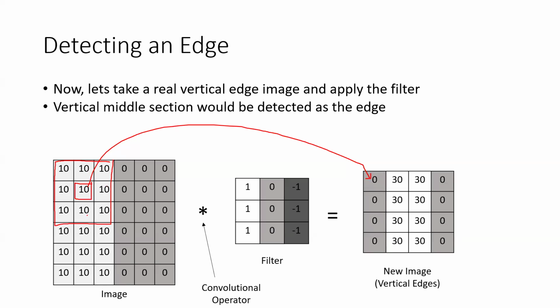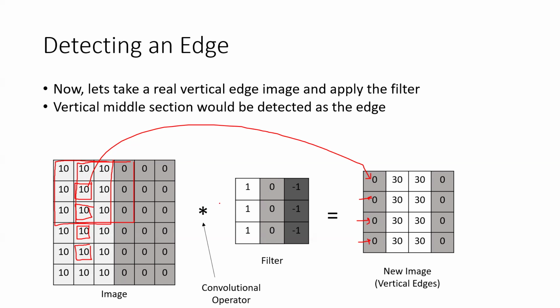Similarly, when you take these values, you can find that the pixel values are 0, right? When you move the filter to the right a little, you can find there's an edge here, right? You multiply these 10 values with the 0 filter, so you get 0.